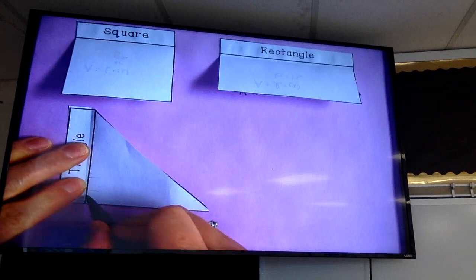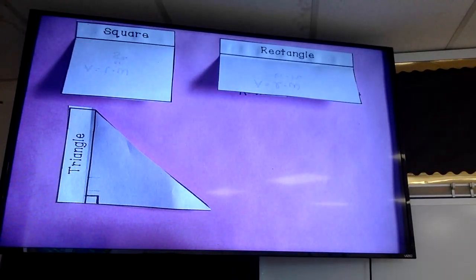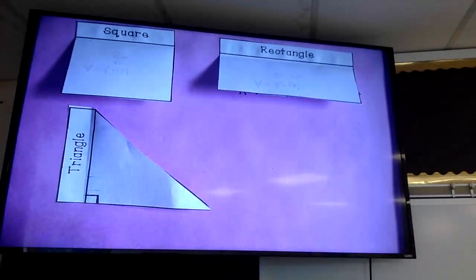Remember, this one would be a right triangle because there's a right angle down in this corner. But there's also, again, equiangular, and then there is, I can't remember the other one. All right, anyways, maybe it'll come to me as we work.